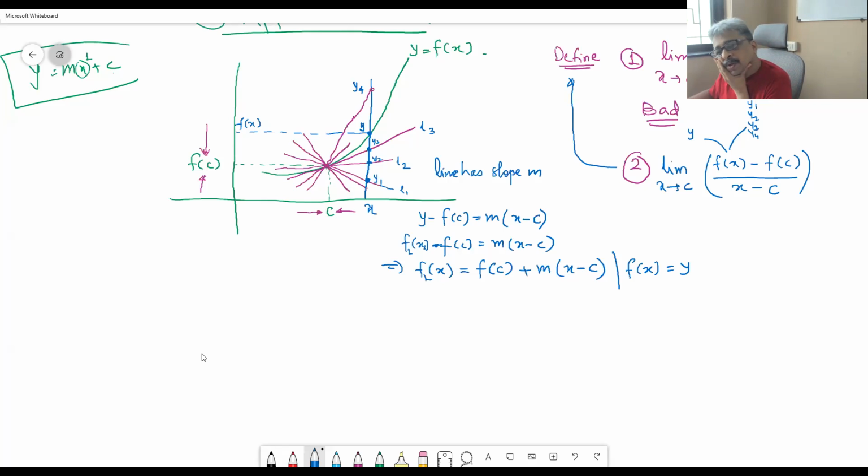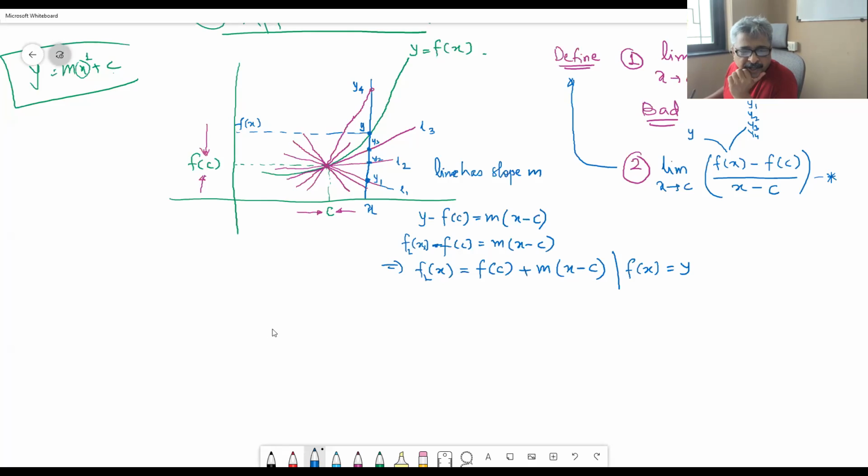Okay, so maybe what I would like to say here is this second definition that we have done, f of x minus f of c upon x minus c. For best approximation, maybe this will not give us the correct idea.